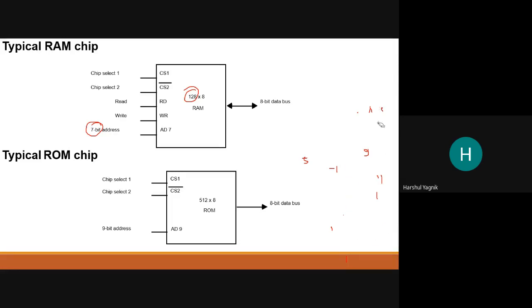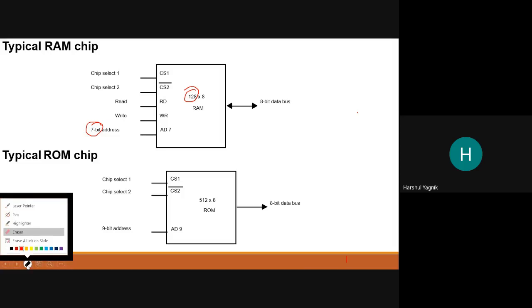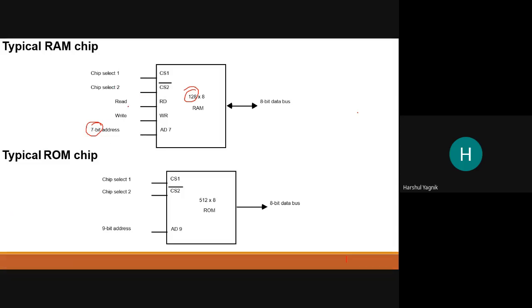Now for the given RAM, the RAM has 128 registers, and so the address lines are 7-bit address. Then there is a separate pin for read, separate pin for write.